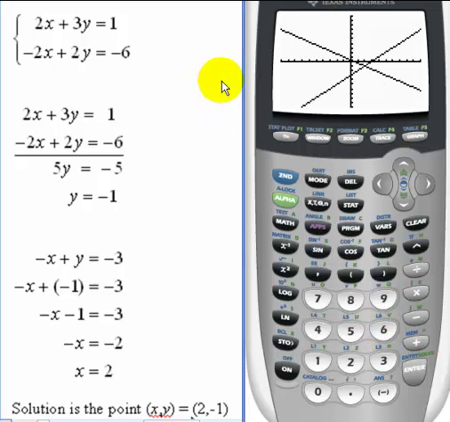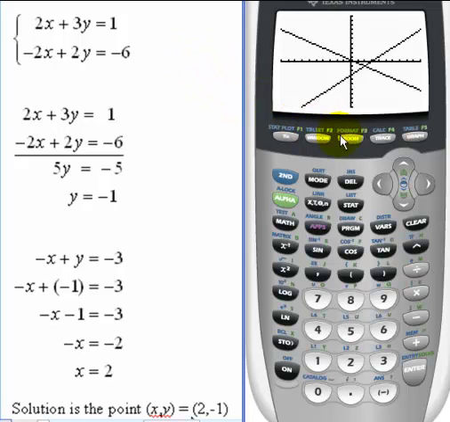I can see roughly that if x is 2, y is negative 1 is the point of intersection. That's the point that satisfies both lines. And again, graphically, that's what that means. When we're solving a system of equations, we're finding the point that lies on both lines, or both equations, graphically.